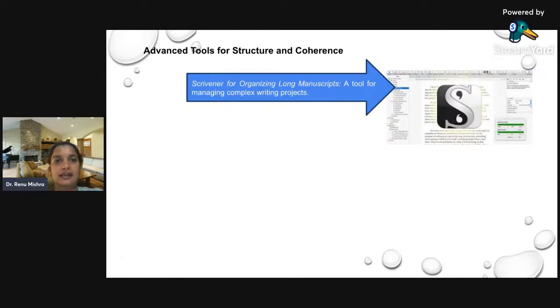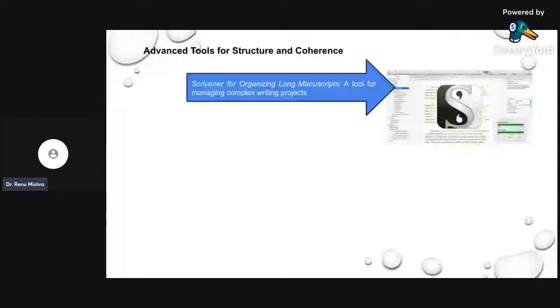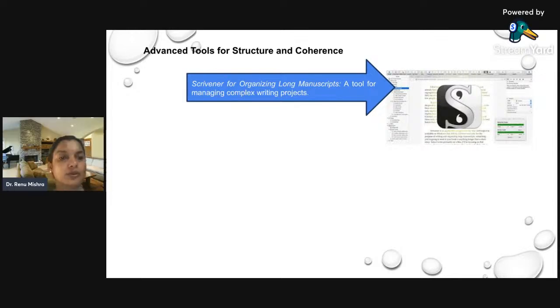Let me make you understand: when you are working on your literature reviews, let's say you are working on your systematic literature review, with too many papers you have identified, and you are writing an SLR. So this tool can be used. It is basically to manage your long writing projects. So if you are writing any kind of SLR, this can be used particularly.